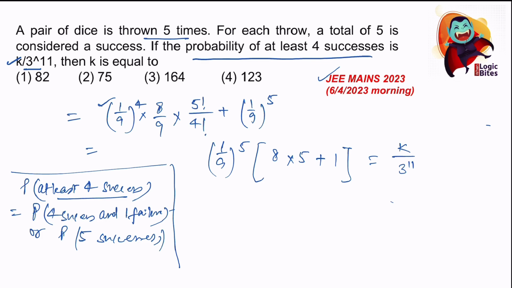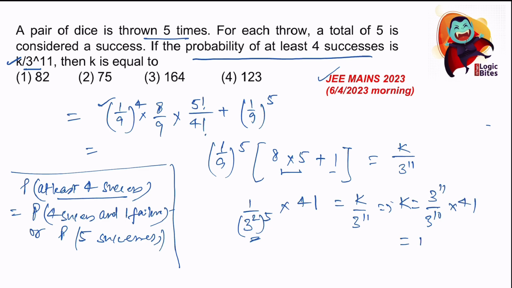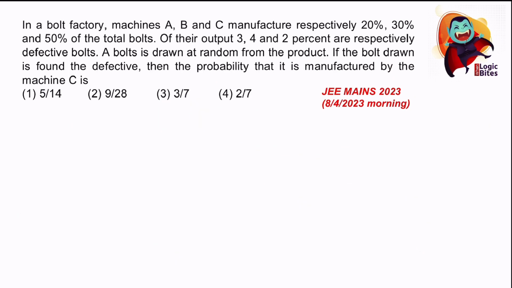So 1 divided by 3 to the power 10, and this will be 5 into 8, 40, plus 1, 41, is equal to k. So k is equal to 3 to the power 11 divided by 3 to the power 10 into 41. So it will be 3 into 41, so 123. So 123 is here. With this, now move to the next question.